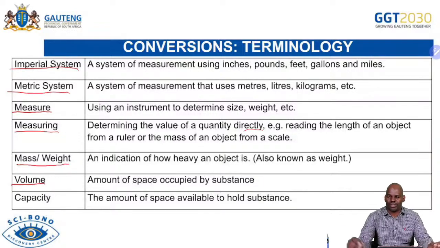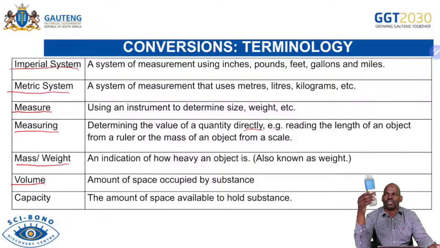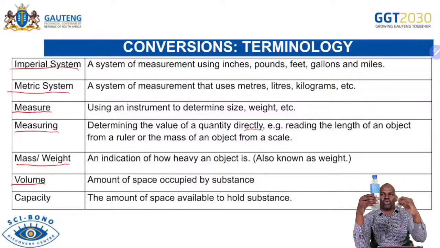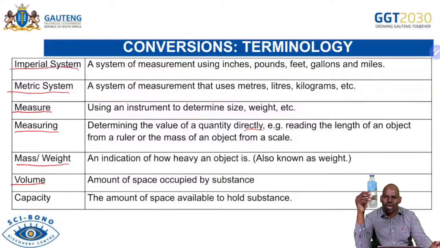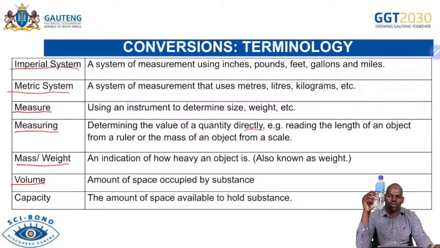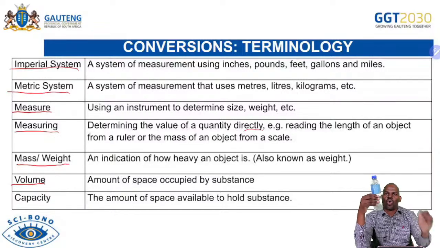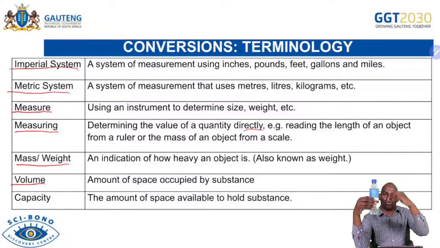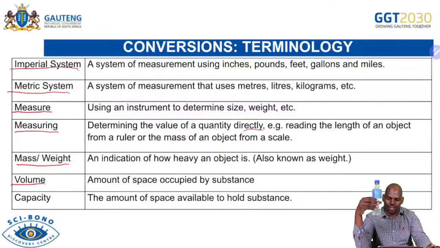Then we've got capacity. I've got the very same bottle in front of me. You see, this bottle is supposed to contain water. The amount of water that can be contained by this bottle will be determined by the capacity.